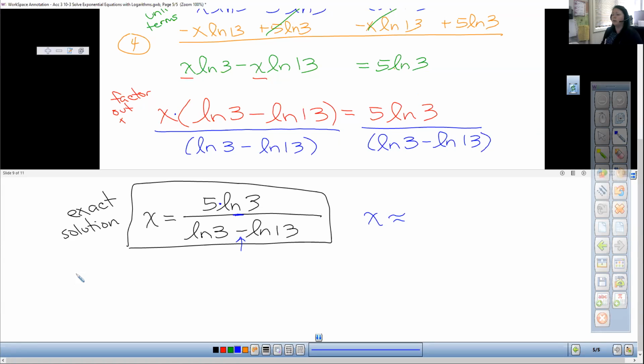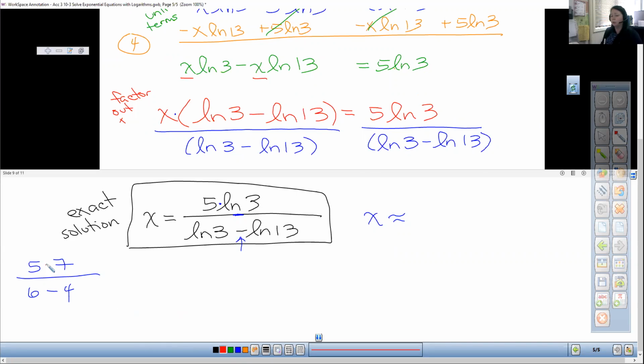So it'd be like, well, what if I had 5 times 7 over, I don't know, 6 minus 4? Where would I need parentheses in my calculator? Well, what would I be doing if I did it by hand?